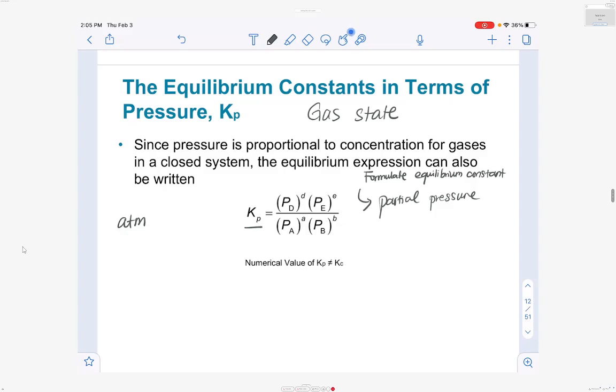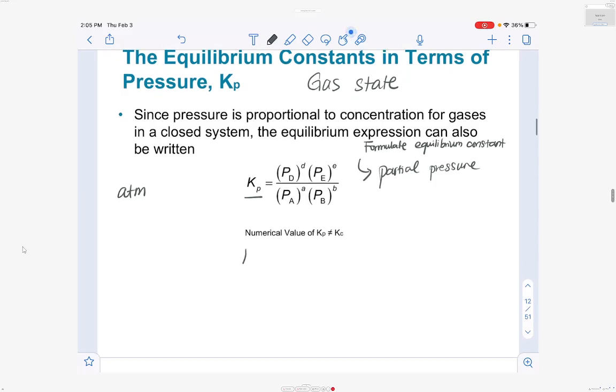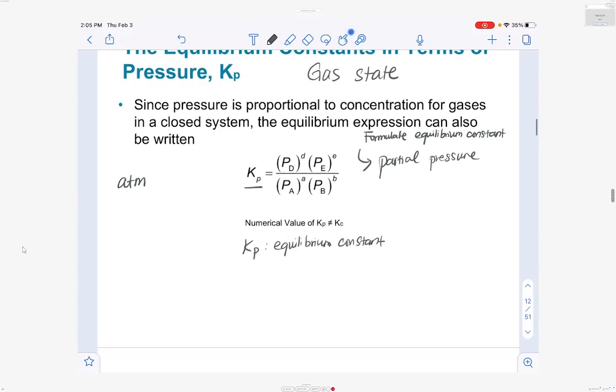So this Kp is the equilibrium constant in terms of pressure, okay?